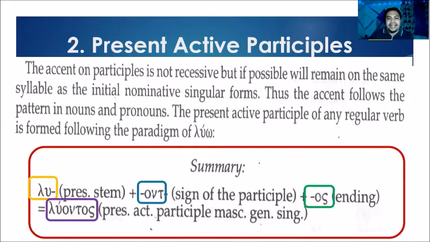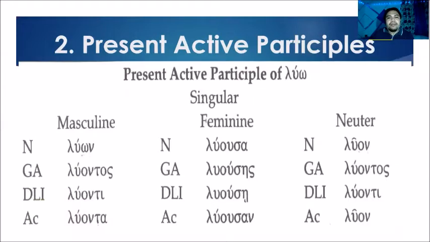It is a present active participle, masculine, genitive singular of the word luo. All right? So let's take a look at the present active participle of luo. For the singular masculine, we have luon, genitive luontos, dative luonti, accusative luonta.